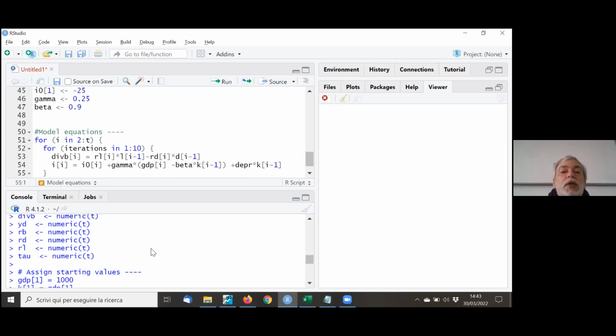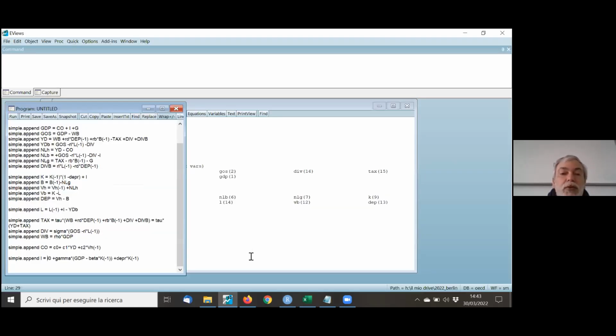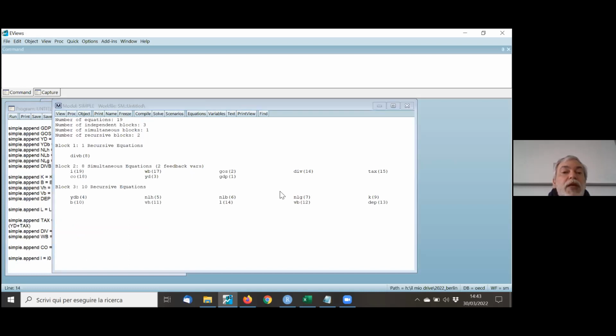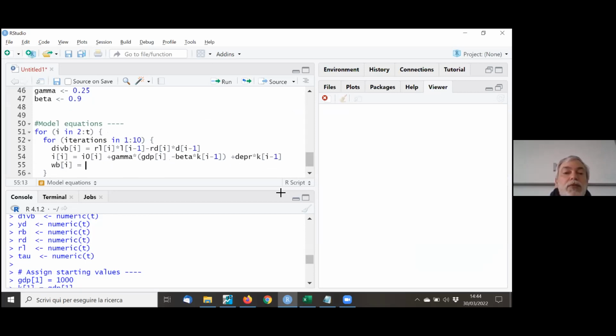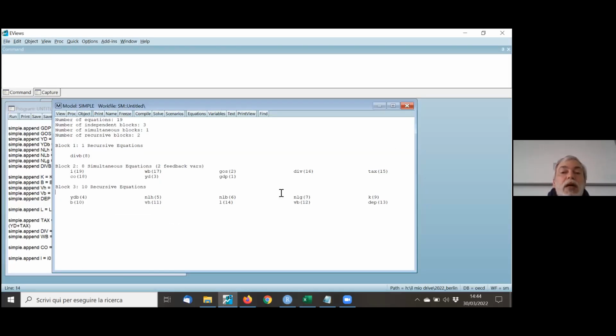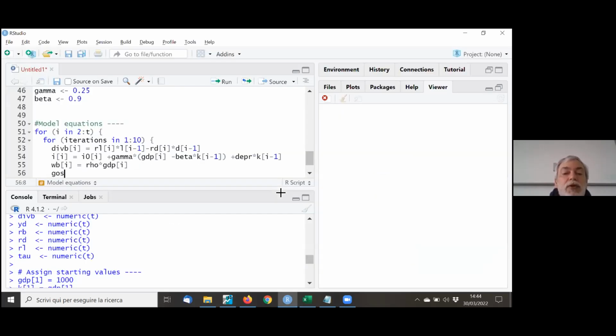Okay. Then the next equation would be WB. WB_i will be equal to rho, which is constant, times GDP_i. Then we had gross operating surplus equal to GDP_i less WB_i.